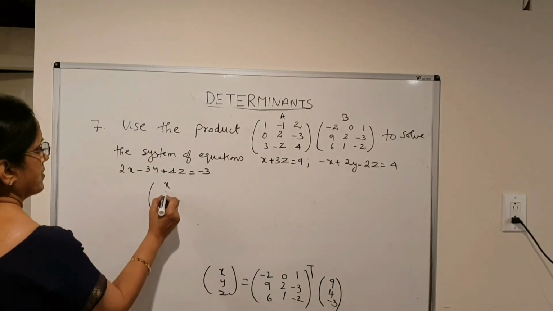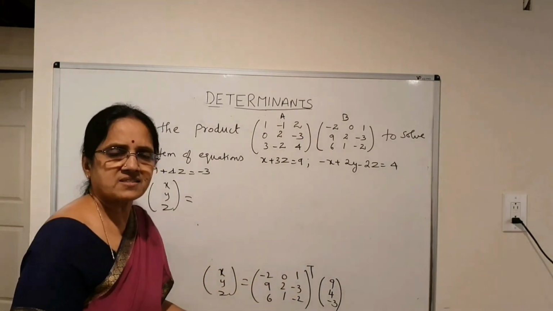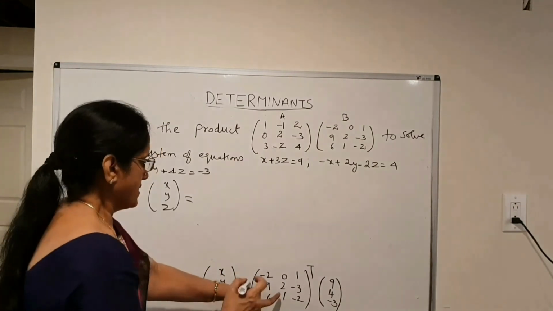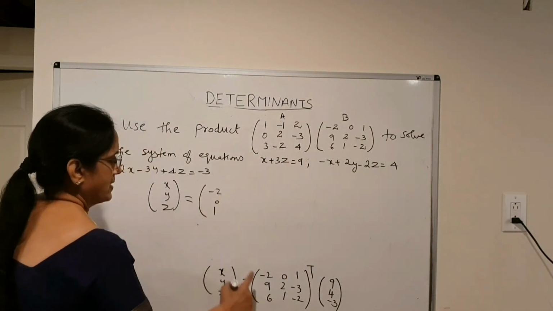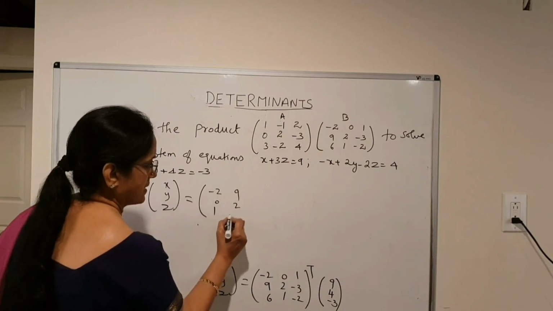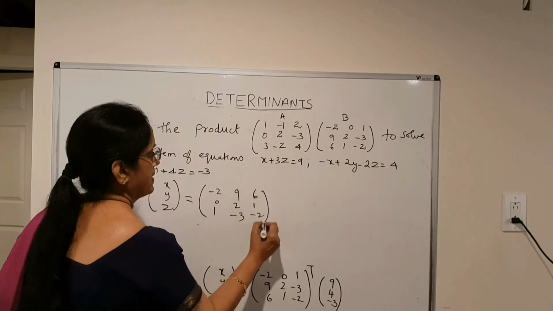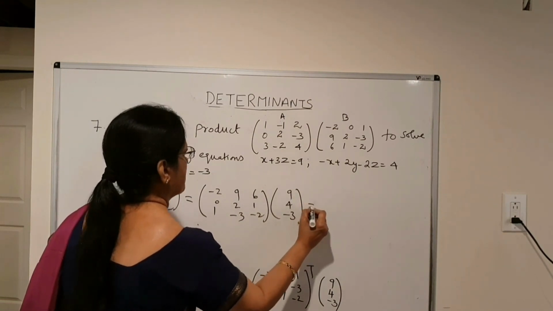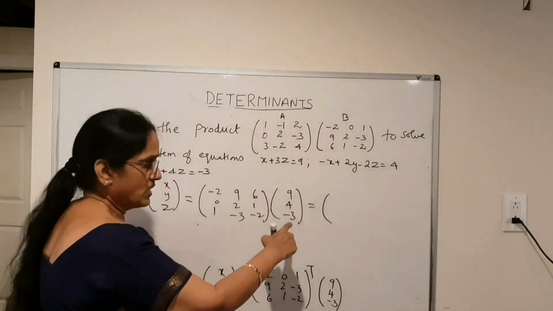X, Y, Z is equal to the transpose of the matrix, which is obtained by interchanging the rows and columns of the given matrix. It is going to be: the first row will become the first column, second row will become the second column, third row will become the third column, multiplied by 9, 4, minus 3. Now let me multiply the first row and the column, only one column is there.